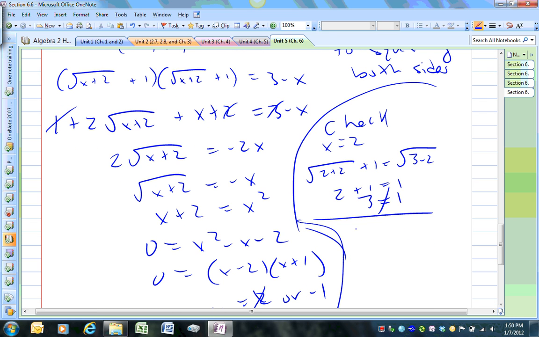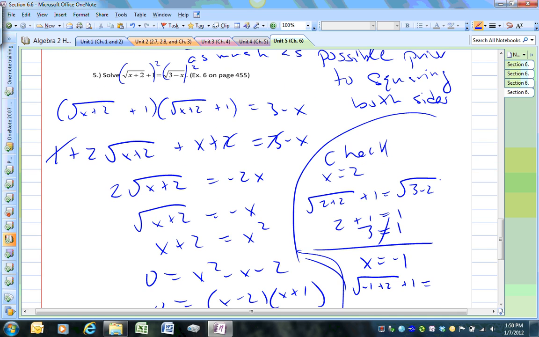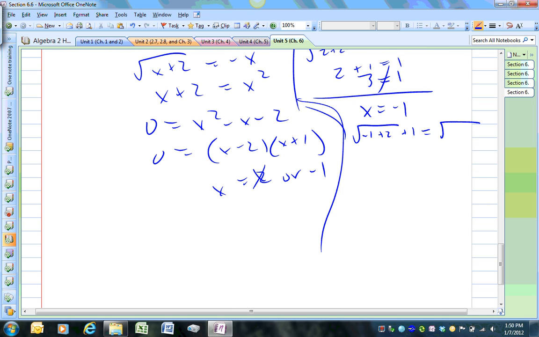And there's a chance that sometimes neither will work. If I try negative 1, that works. So the answer is negative 1.